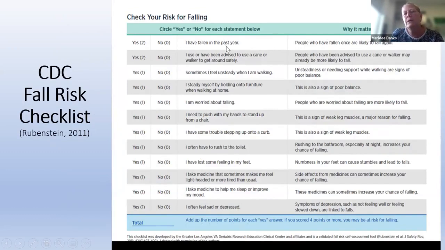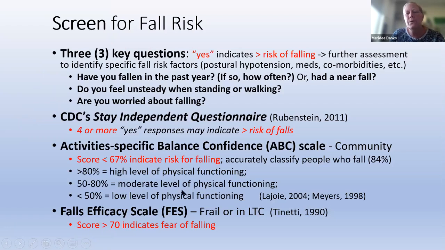If you've fallen, you get 2 points. If you use a cane or a walker, you get 2 points. The rest are 1. But they look at how they get around walking, getting up, if they're having trouble sleeping, if they have depression, if they lose sensation in their feet. If they have a score of 4 or more as you add it up, that would indicate a risk of falls also.